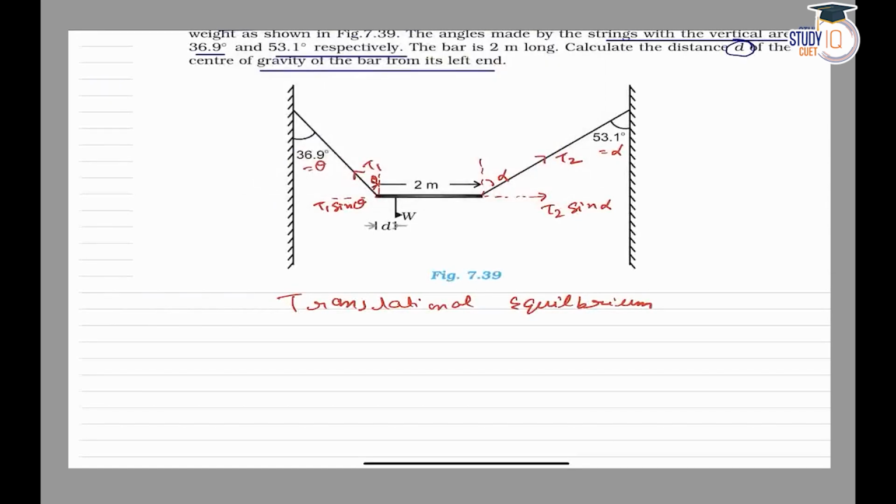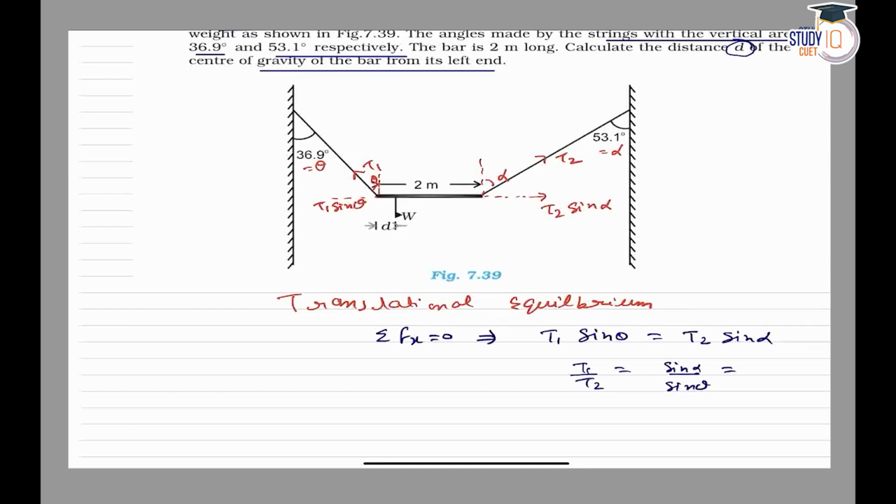So sigma Fx is equal to 0. This implies that T1 sine theta is equal to T2 sine alpha. From this we can find the ratio T1 by T2 is equal to sine alpha upon sine theta.